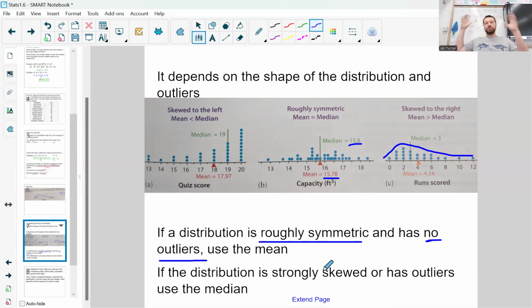When we do other things, it's going to be easier to get the mean. In a technology-based world, mean is easy. But if we do have a distribution that's strongly skewed or has outliers, we want to use the median, because we can't really trust that mean. It's going to get pulled and skewed.